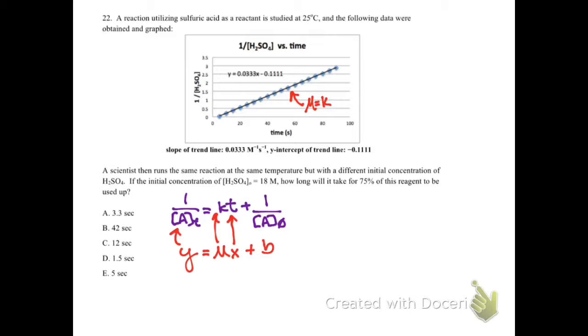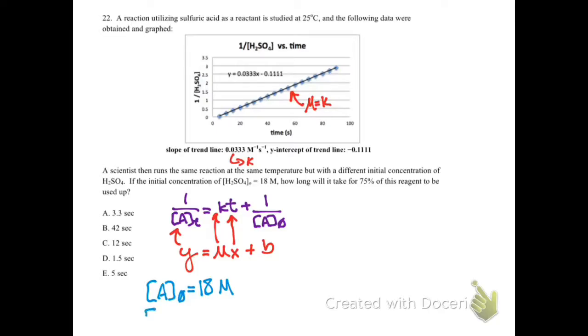All right, so that means that we're given the slope of the trend line. That's just equal to k. Now then, what other information do we know? We're told here that we're starting off with 18 molar of our H2SO4.